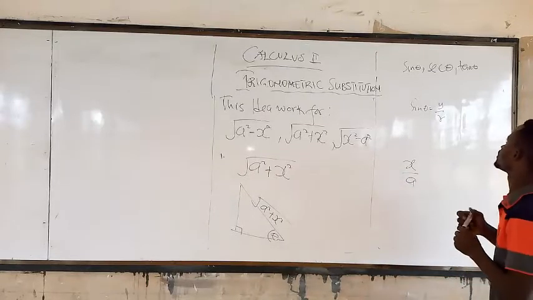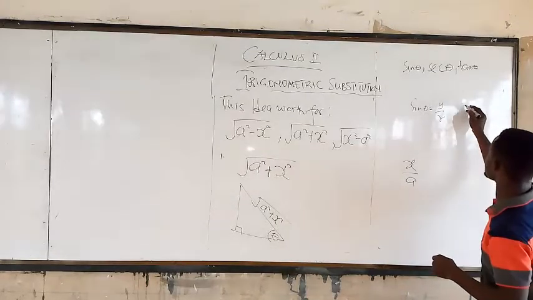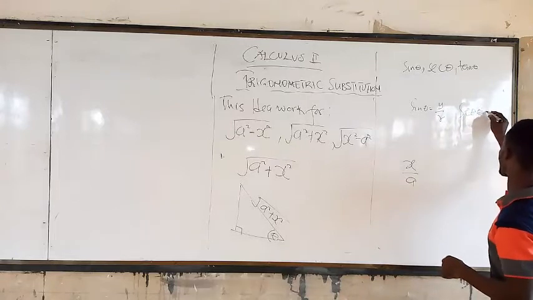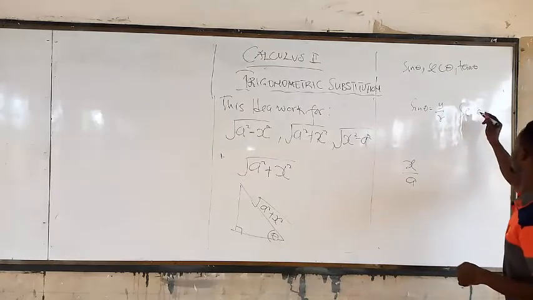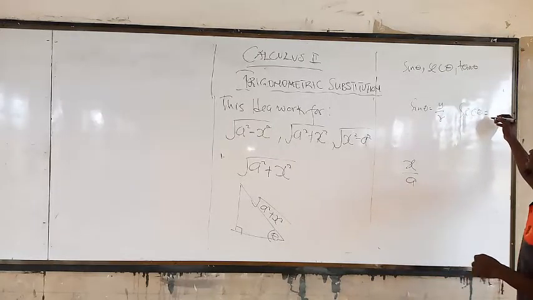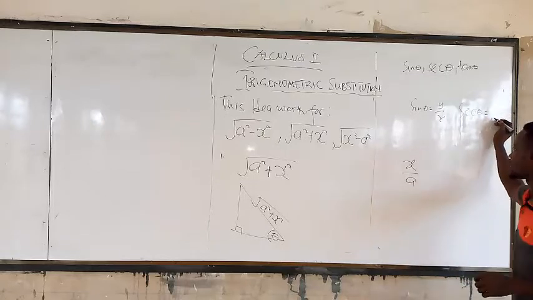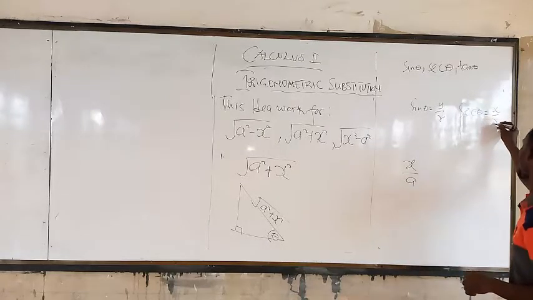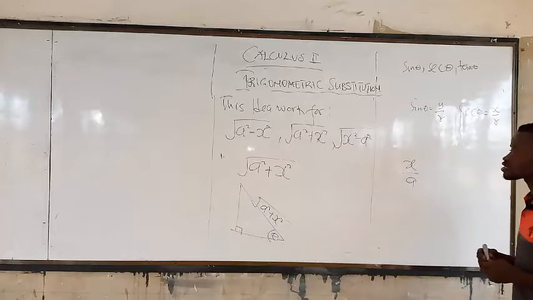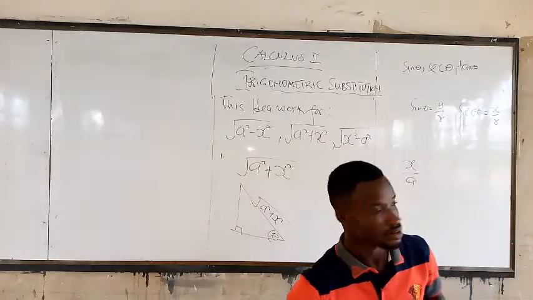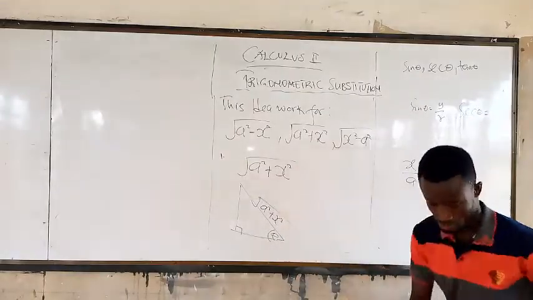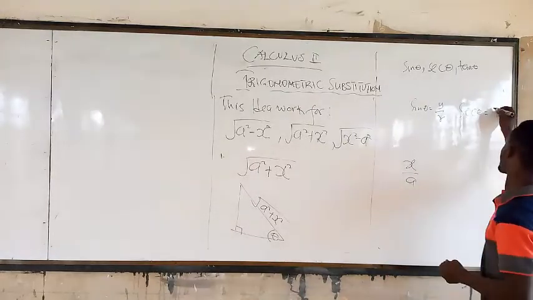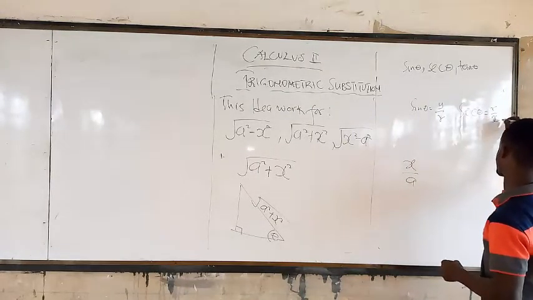Okay. What about sec theta? Sec theta is the reciprocal of cos, and that is r over x.